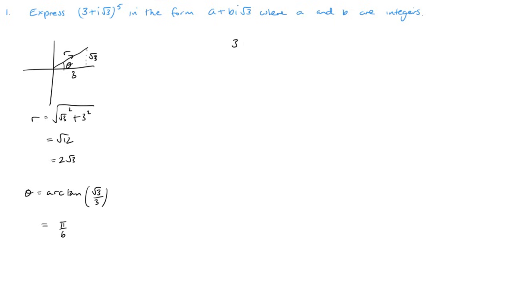So I can say that 3 plus i root 3 is 2 root 3 cos pi by 6 plus i sin pi by 6. And then raising that to the power 5, I get all of this to the power 5.